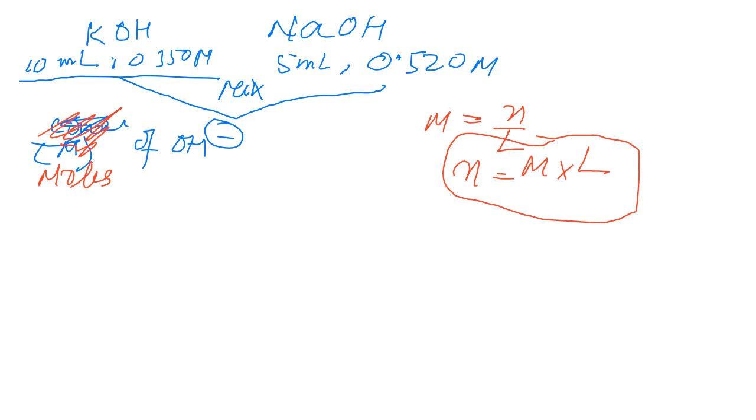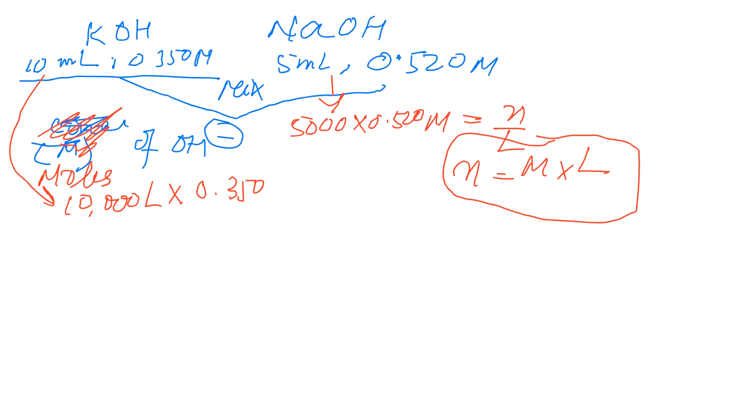Here we change milliliter into liter, so 10 multiplied by 1000, so this is 10,000 liter multiplied by 0.350, and this one 5 milliliter multiplied by 1000, so you will get 5000 multiplied by molarity 0.520. Whatever you get here are the moles.